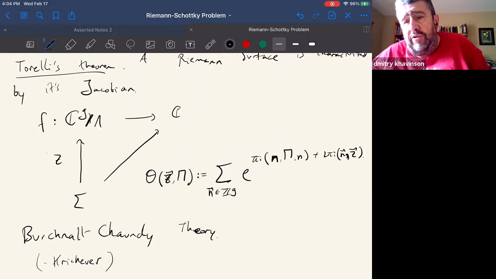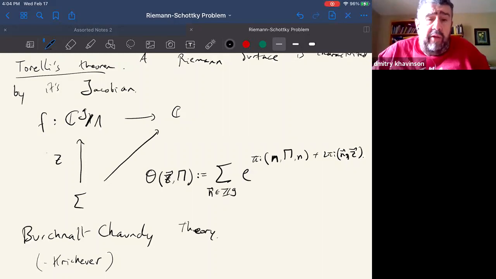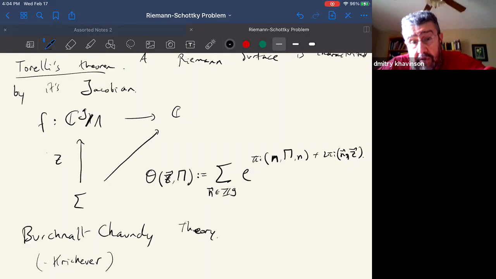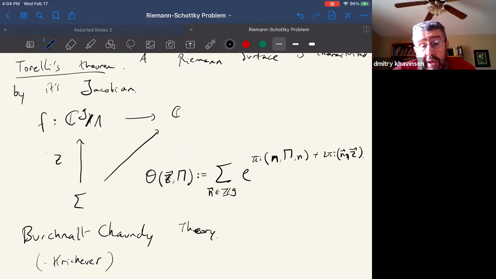Yeah. The other thing is, with all these solutions, can you tell which matrix it is?